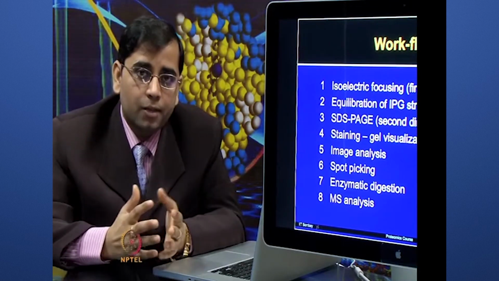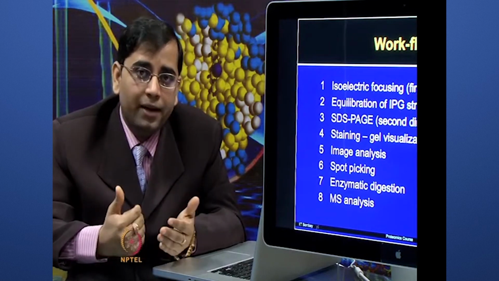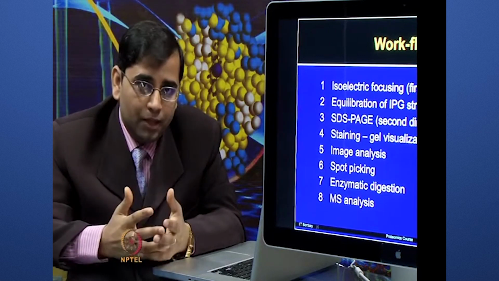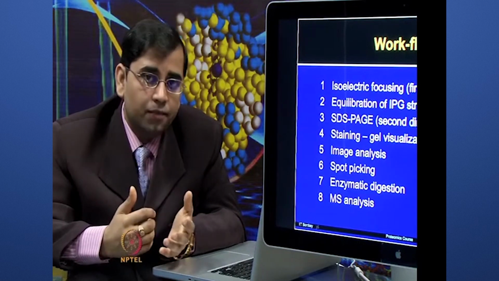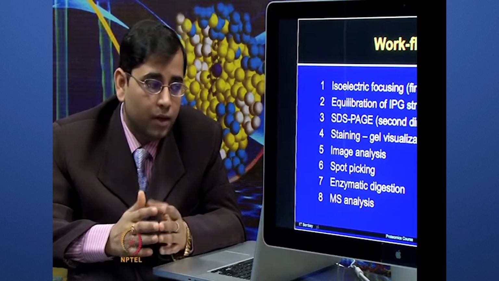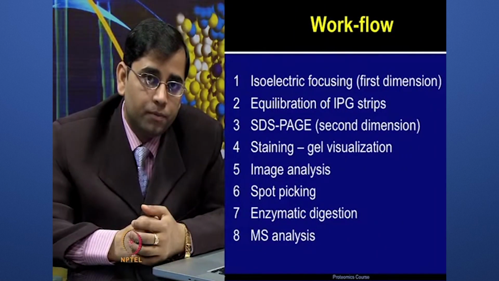When you are running an SDS-PAGE gel, you make your protein denatured, you want to separate it based on the molecular weight, and you heat the samples and apply different types of denaturant. Now, when you are doing 2DE, your first dimension separation has occurred on the IEF in the immobilized pH gradient strip.